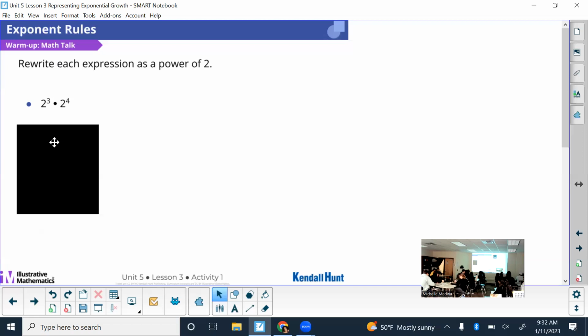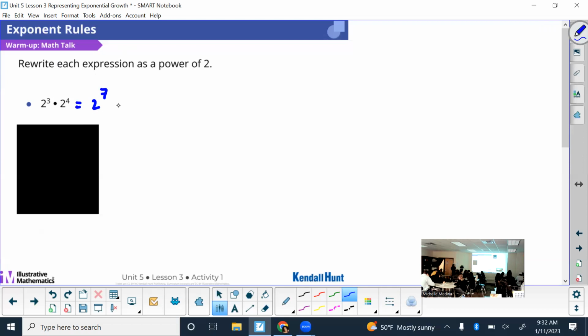All right, I'm looking for those thumbs. Landon? All right, 2 to the power of 7. Anyone get something other than that? Is there something else we could write that would also be correct?